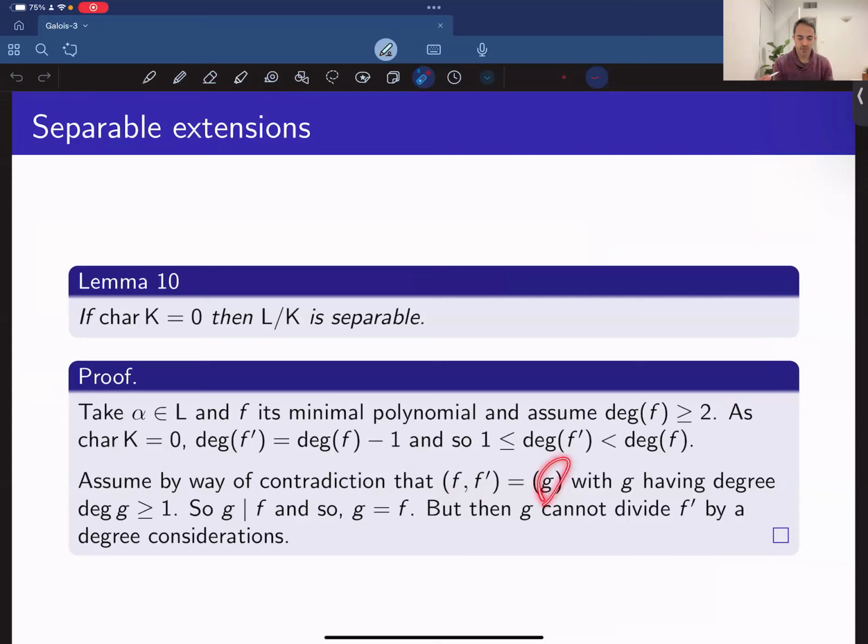Namely, G is not a constant, it has degree at least 1. So this means that G divides f, because f is in this ideal, but f is irreducible. So the only way that can happen is that G equals f. But then, by the same reason, we know that G divides f prime, and that doesn't add up with the degrees. Because G is f, and f cannot divide f prime, because f prime has a lower degree than that of f, and it's at least 1, not the zero polynomial.